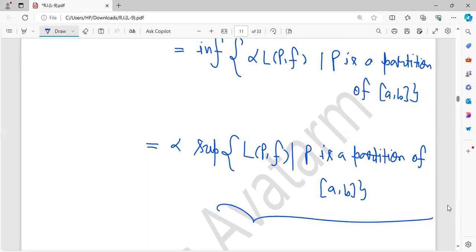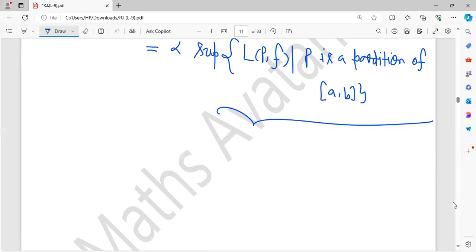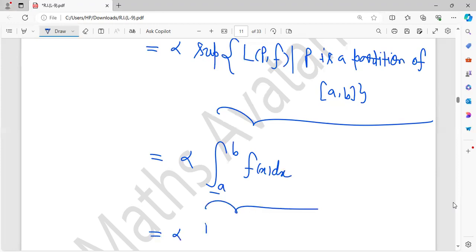This is alpha times the lower integral of f, but f is Riemann integrable, so I can write the integral from a to b of f(x) dx.